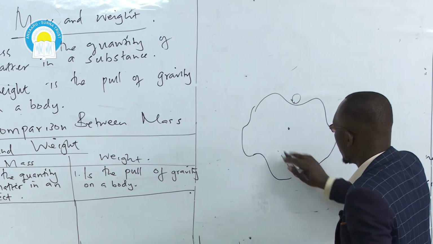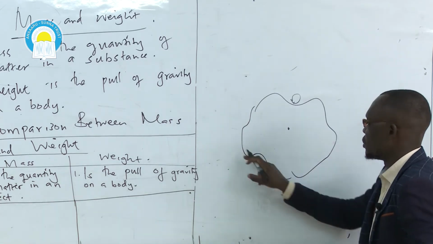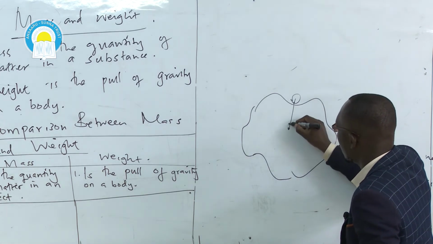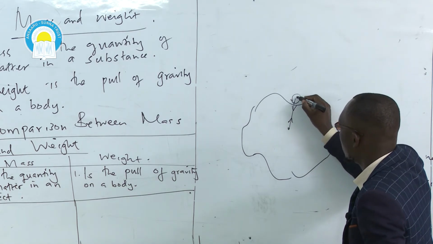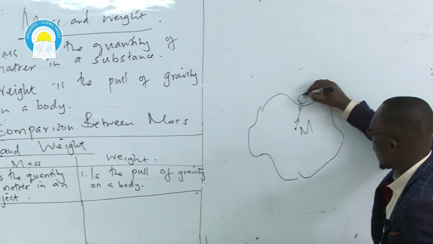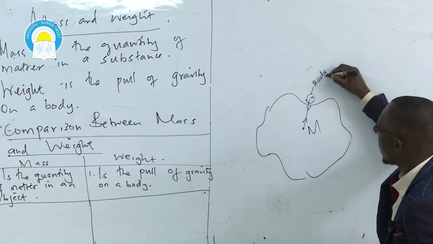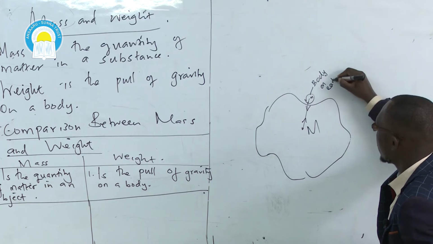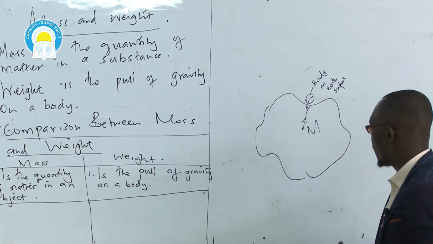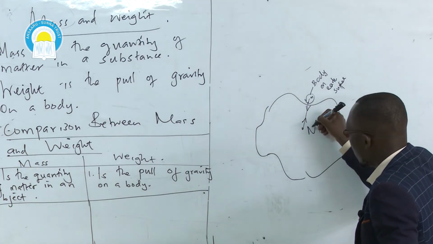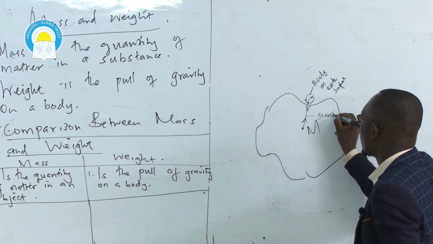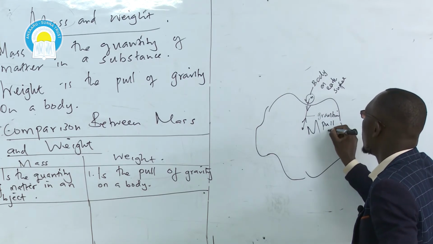This is the Earth's surface, which is irregular depending on mountainous areas, valleys. So this object is being pulled by a force. Its mass, and this is the mass of the Earth. So a body on the Earth's surface is being pulled towards the center of the Earth. And this force pulling the two is what you are calling the gravitational force, gravitational pull of Earth.